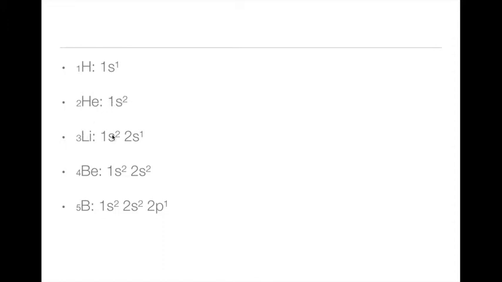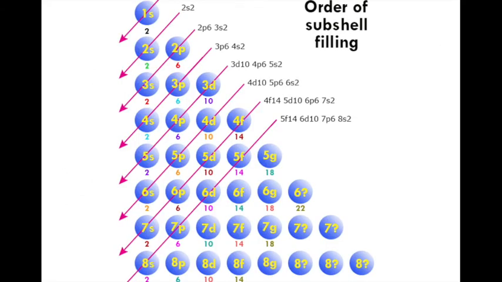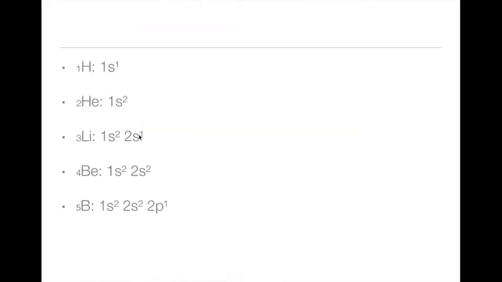The first 2 will go to the 1s, but the 1s cannot take more than 2 electrons. Therefore, the third electron must go somewhere else. Where is it going to go? I have 1s, then 2s. Therefore, it's going to go to the 2s. Same for beryllium, the same for boron. And this way, we start filling our orbitals.